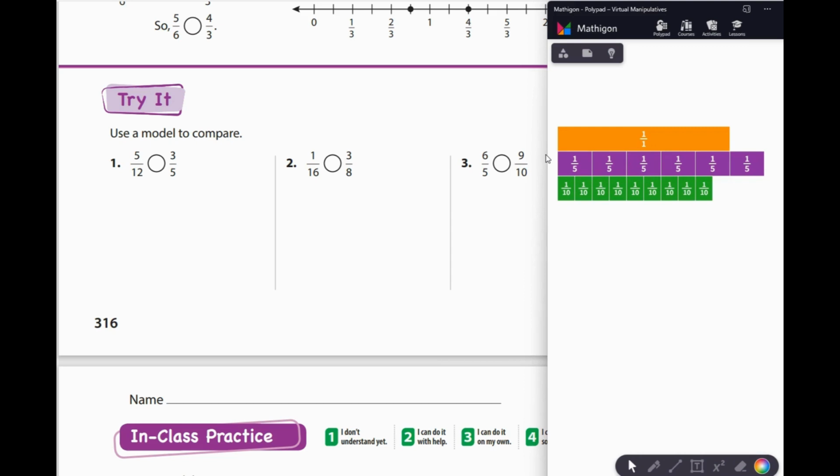Which fraction is greater? 6/5 is greater than 9/10. So therefore, that's why we put our symbol greater than. 6/5 is greater than 9/10. Got it? All right. Let's go to our next question.